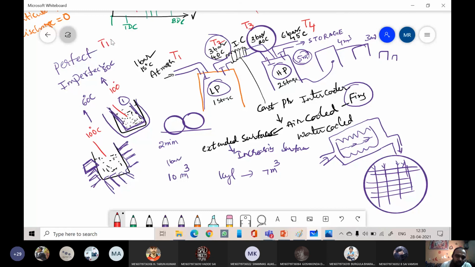If T1 is equal to T3, meaning the temperature of air leaving the intercooler is equal to the suction temperature, then we call it perfect intercooling or 100% intercooling. If T3 is greater than T1, then we call it imperfect intercooling. If the temperature of the air leaving the intercooler is equal to the temperature of air entering the first stage, that is perfect intercooling. And if the temperature is greater than the suction temperature, that is imperfect intercooling.